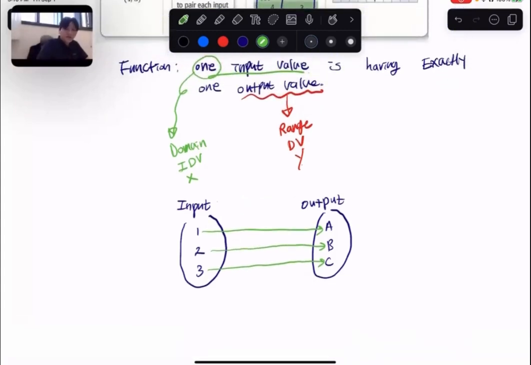By the definition of a function, one input value is having exactly one output value. Therefore, I can say this relation is a function.